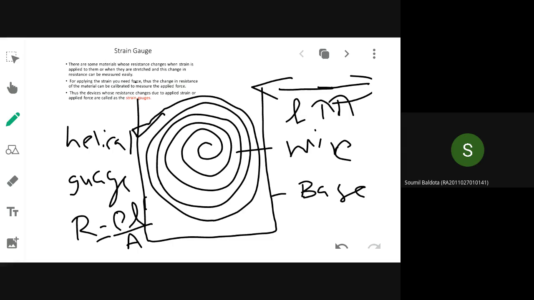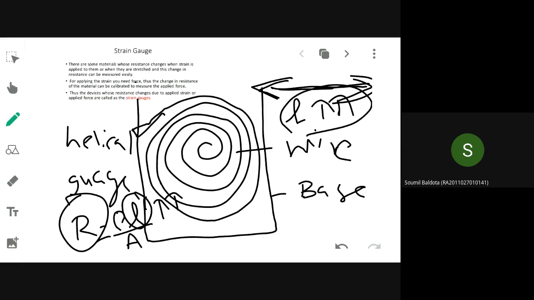So if you subject that wire to stretching, it will increase in length. If length is increasing, what will happen to the resistance? Resistance will also increase.